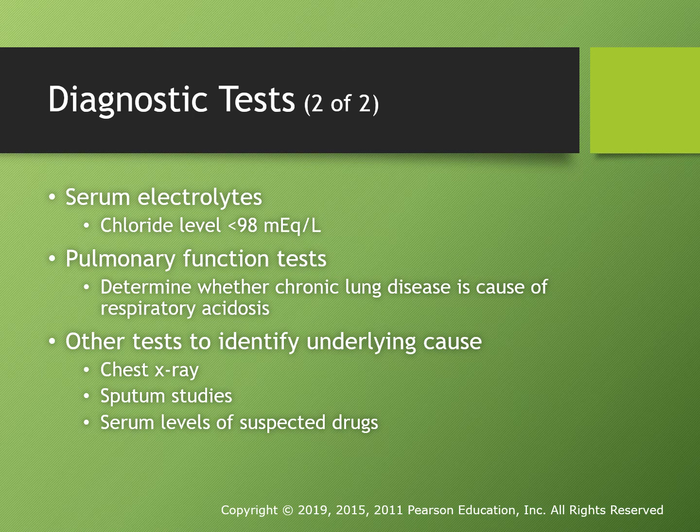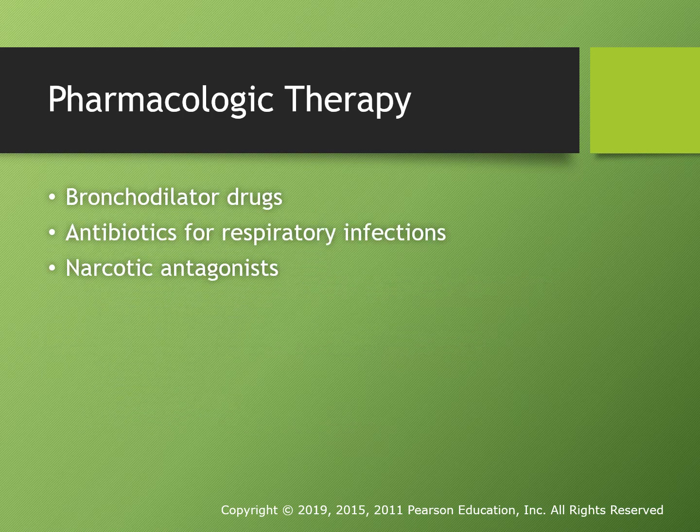Additional diagnostic tests may be done to identify the underlying cause of respiratory acidosis, such as a chest x-ray. Sputum studies, which is cytology and a culture, may be ordered to identify an acute or chronic lung disorder. If drug overdose is suspected, then they will do a serum level of the drug. They'll do a drug screen on you to see what you've had.